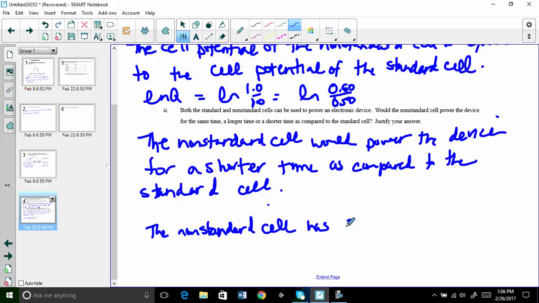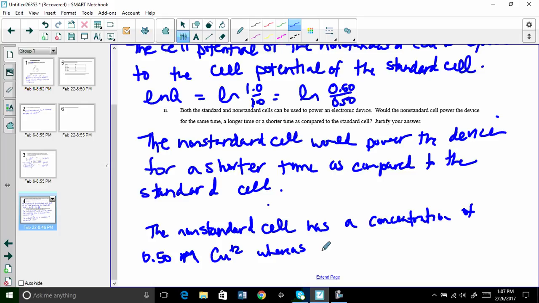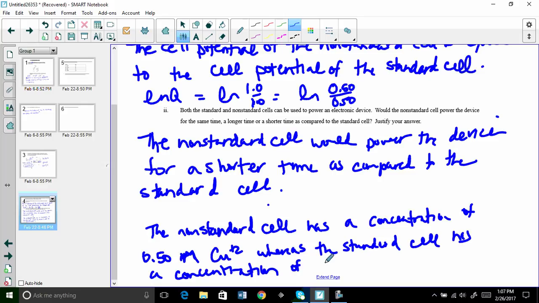has a concentration of 0.5 molar Cu2+, whereas the standard cell has a concentration of 1 molar.